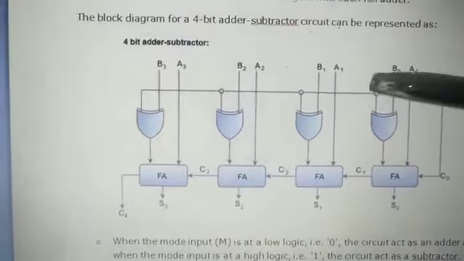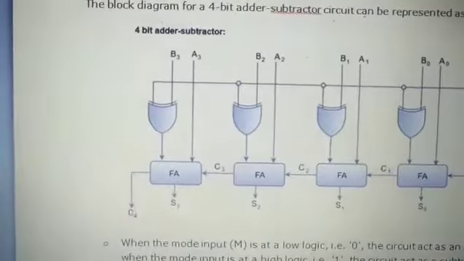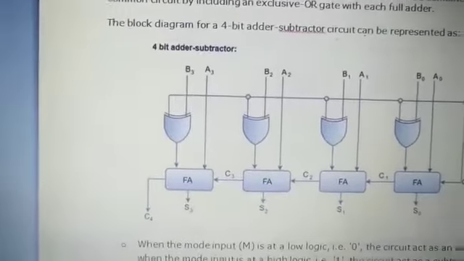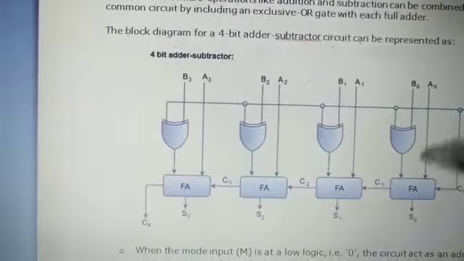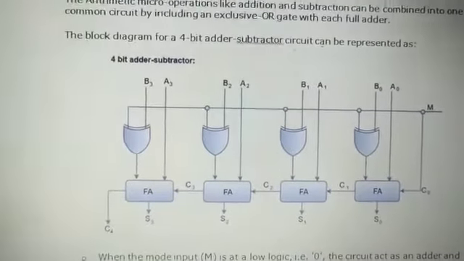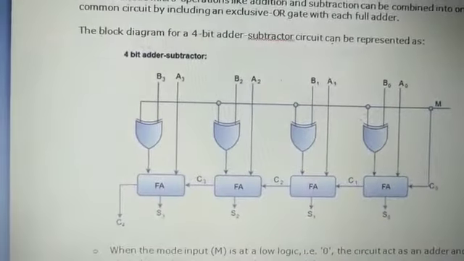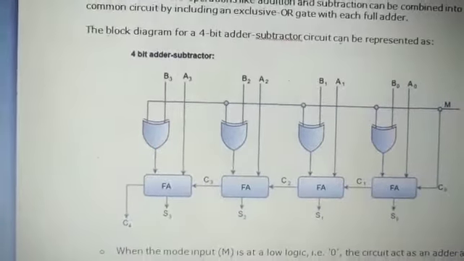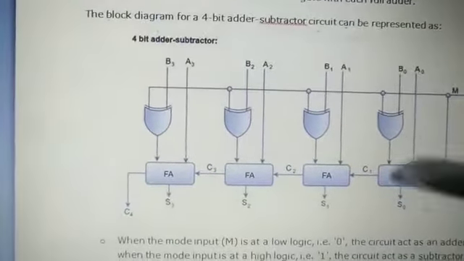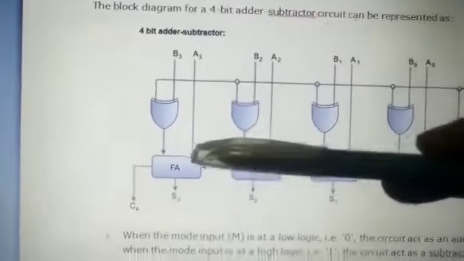Directly it will pass B0, B1, B2 and B3. Then in the C0 part we are getting 0, so there is no formation of the second complement, because if first complement is coming then we have to add 1, but here the signal is 0. So directly B0 and A0 are added, B1 and A1 are added, B2 and A2 are added, B3 and A3 are added.